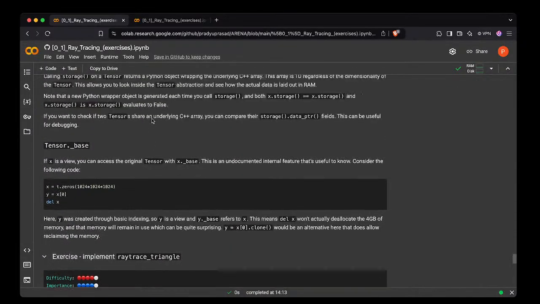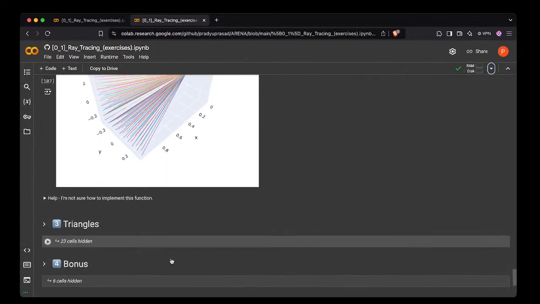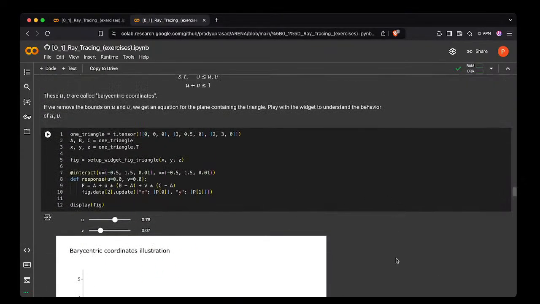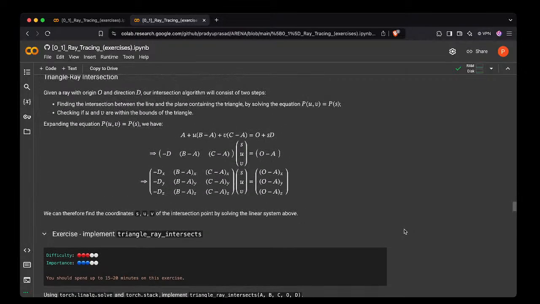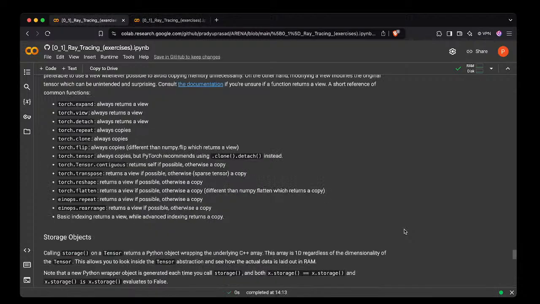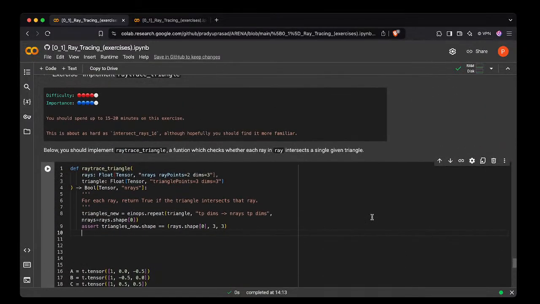We have our A's. So if you look at our triangles, our A is the same in every triangle. Our only thing really different is the O. So for every triangle, we have to find the O minus A. For every ray, we have to find the O minus A. How do we do that?